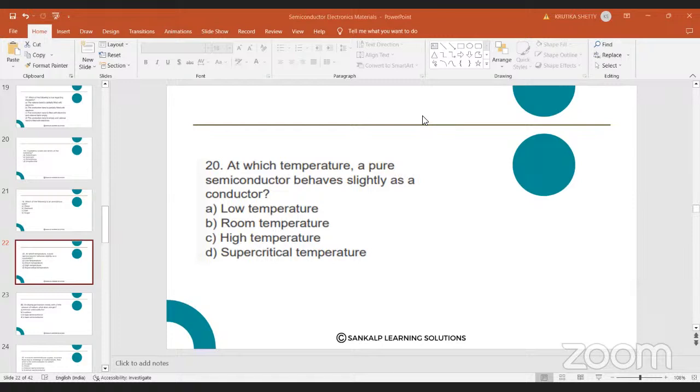Here you people are saying high temperature. They are not asking when a pure semiconductor behaves as a conductor. They are asking when it slightly behaves as a conductor.